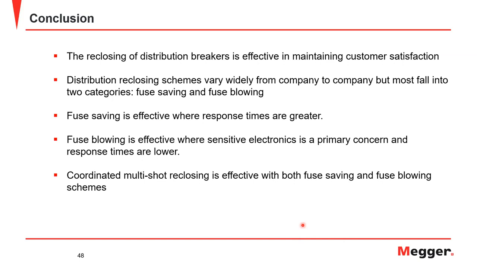Maybe low density is not quite as much, the more rural areas. Fuse blowing seems to be more effective where you have more sensitive electronics and where response times are much lower. So this would be your metropolitan areas. Coordinated multi-shot reclosing is effective with both schemes.